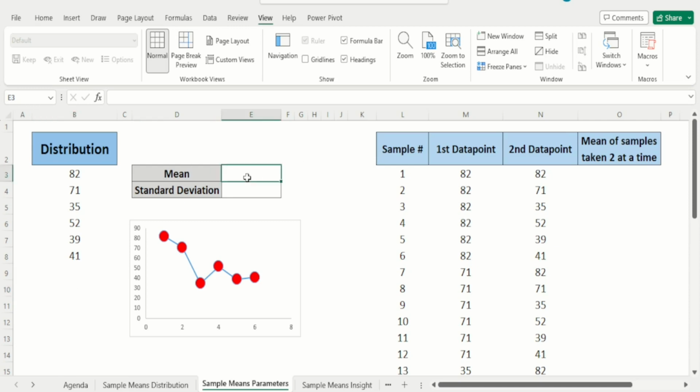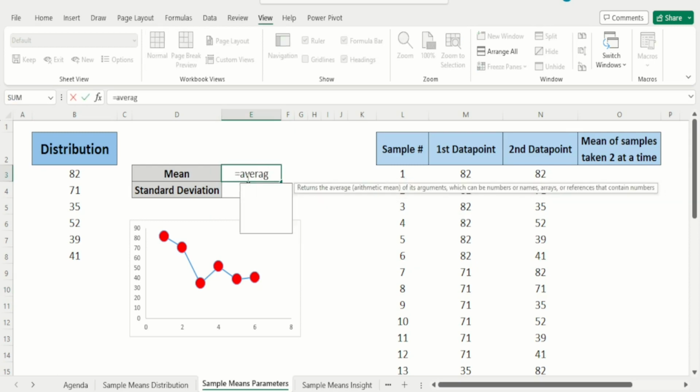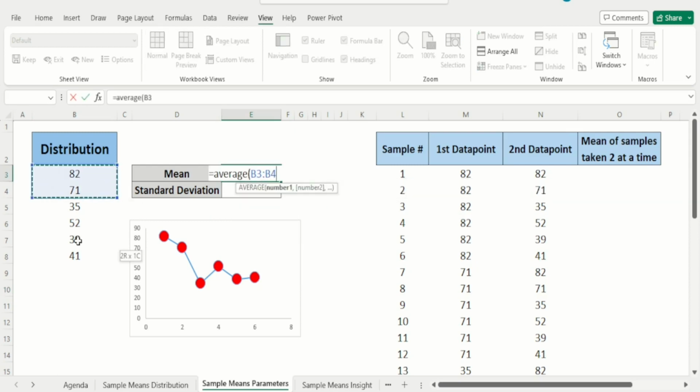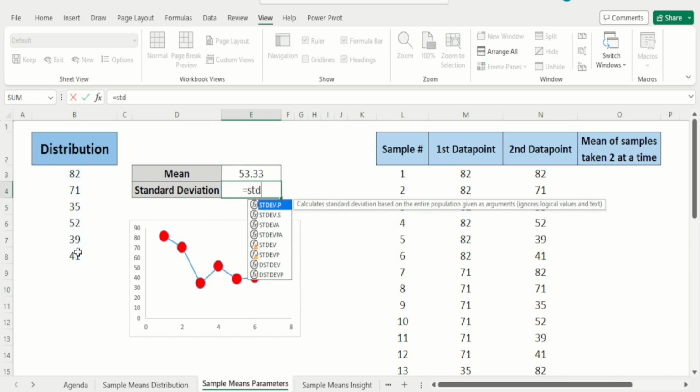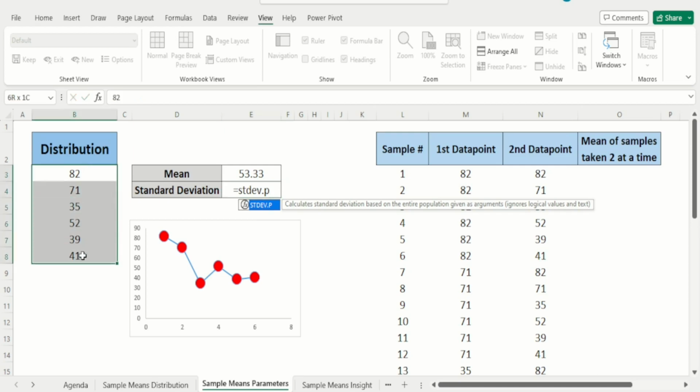You already know that you can calculate the mean of that population by using the Excel formula AVERAGE. And then you can also calculate the standard deviation of this by using the Excel formula STDEV. Please make sure you use .P. The .P here signifies the fact that this is the entire population. This is not a sample. This is the entire population right now.